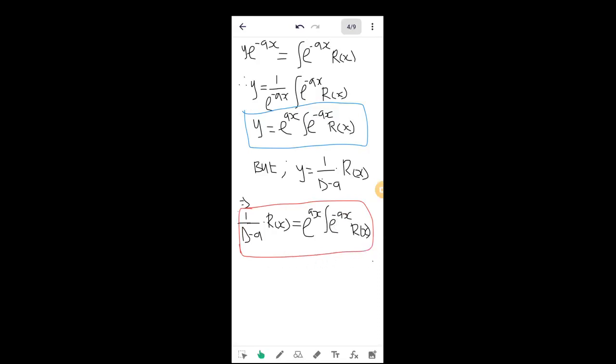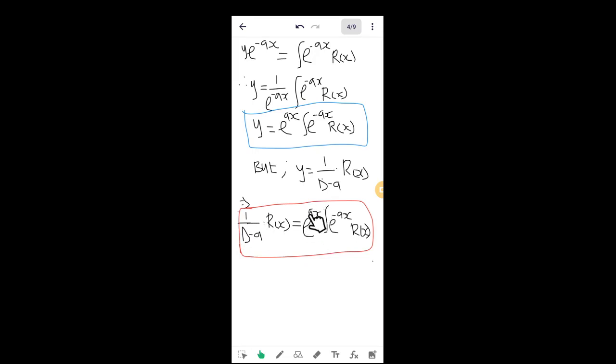So this is the general formula for the D operator method. Anytime they give you a question on the D operator method, you apply the operation D on that particular equation. Then whatever value is here, we will write it here, so that will become the exponent.